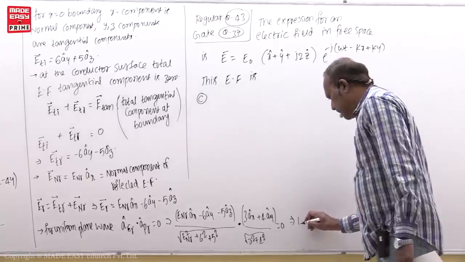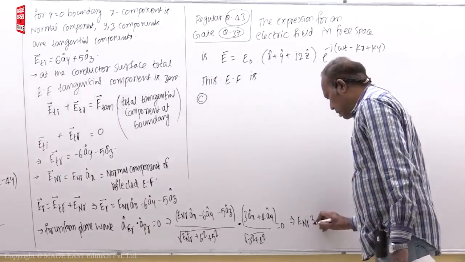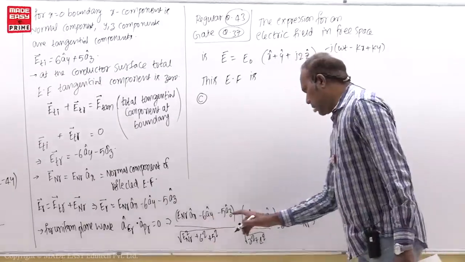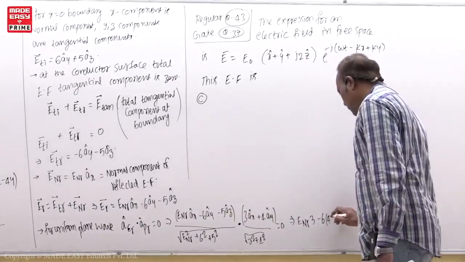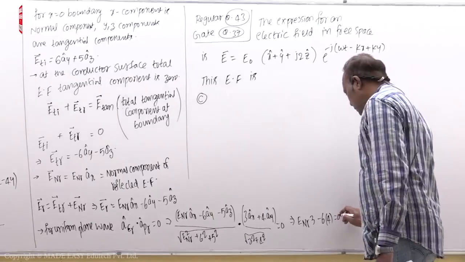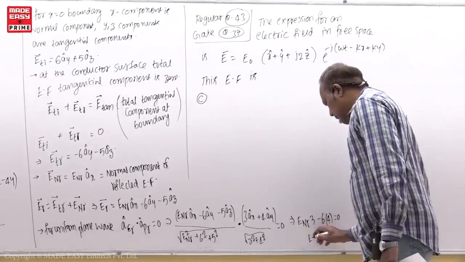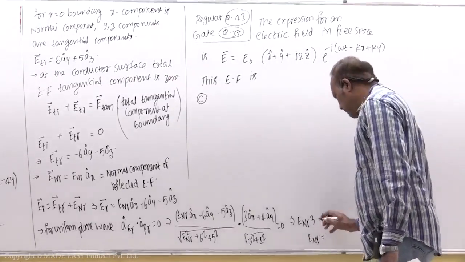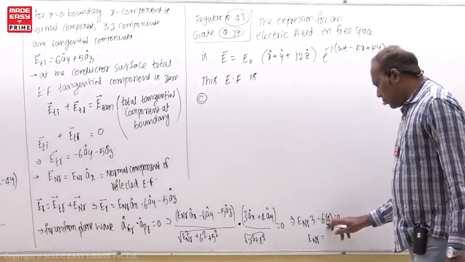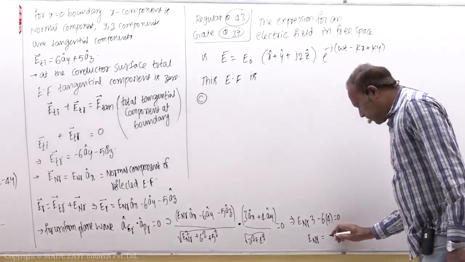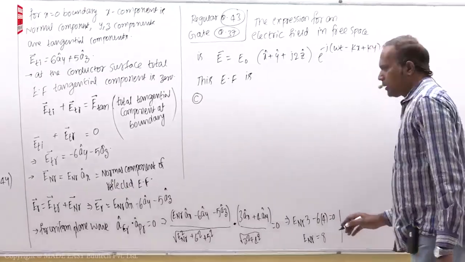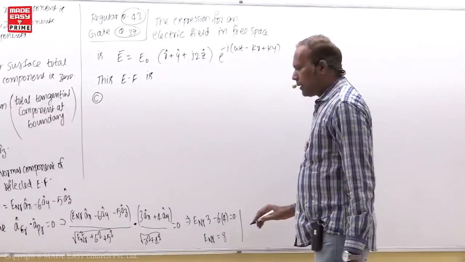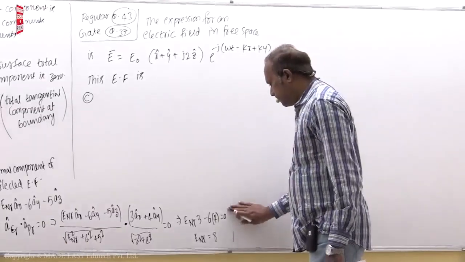So ultimately, students, ENR into 3, AX dot AX is 1. Next minus 6 into 4, then the Z component is 0. So ultimately from this, ENR is equal to, it goes to that side, 2 times, you get 8.